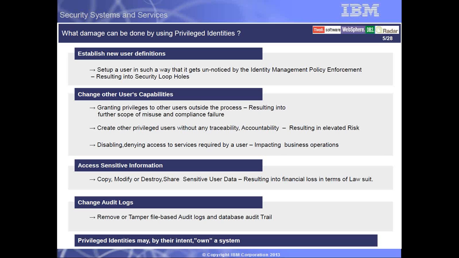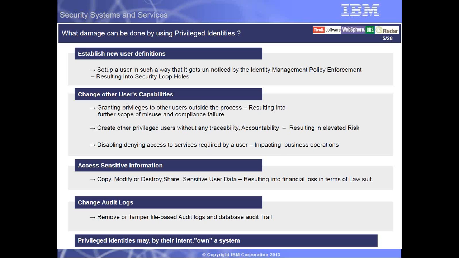So, what damage can be done by using privileged identities? Establish new user definitions. Now, when we say this, with a privileged ID, I could set up a user in such a way that it goes unnoticed by any of the identity management policy enforcements.